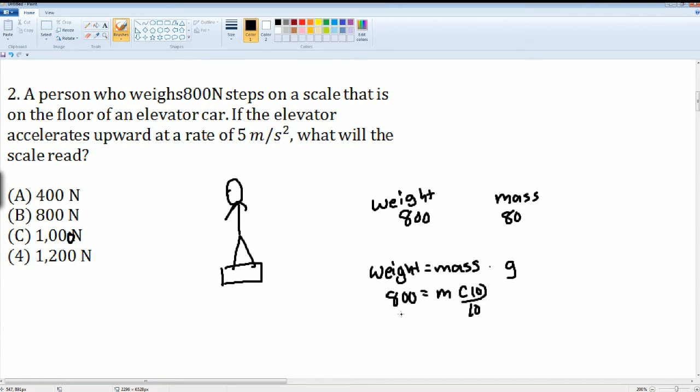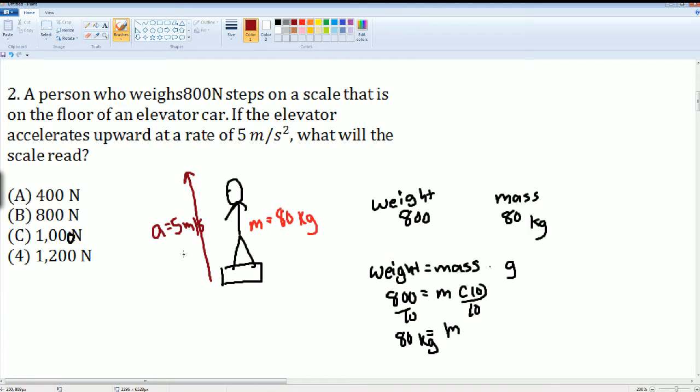Notice if you divide by 10, you get mass is equal to 80, and you could say kilograms if you want to see the units. So the mass of the person is 80 kilograms, and they are accelerating upwards. So the whole system is going up with an acceleration of 5 meters per second.